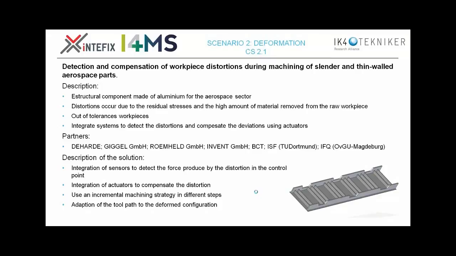Well, this case is the first one of scenario 2. This is the deformation scenario. Basically it's a workpiece for the aerospace sector made of aluminium. And here we have the problem that the raw workpiece is a block of material, so there is a lot of material removal during the process.